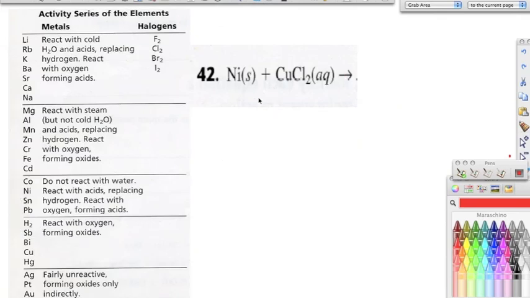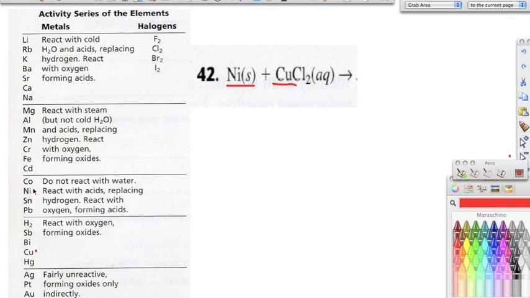Okay guys, working out number 42, we see that we have nickel, and it's trying to react with copper 2 chloride. So in this reaction, nickel is going to try to replace copper because metals try to replace metals. So we look over here and we find that nickel is right here, and then we have copper, which is way down here.